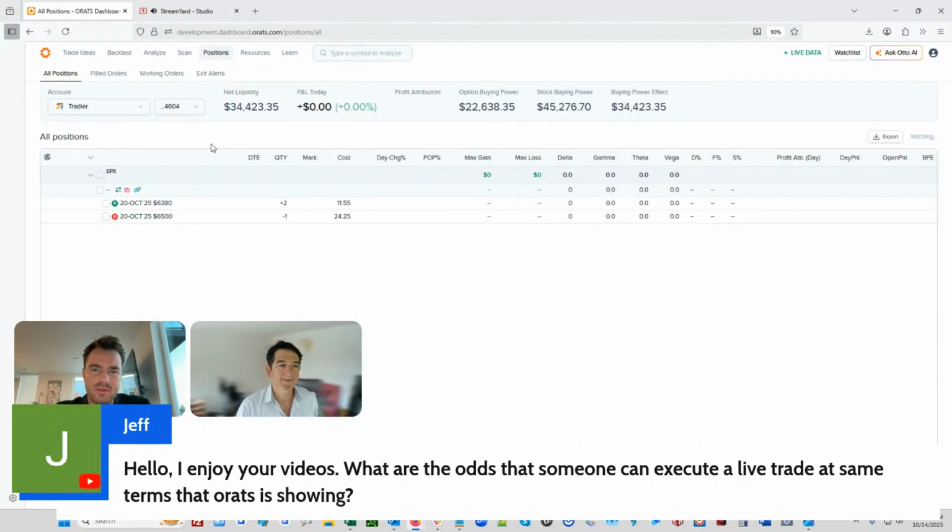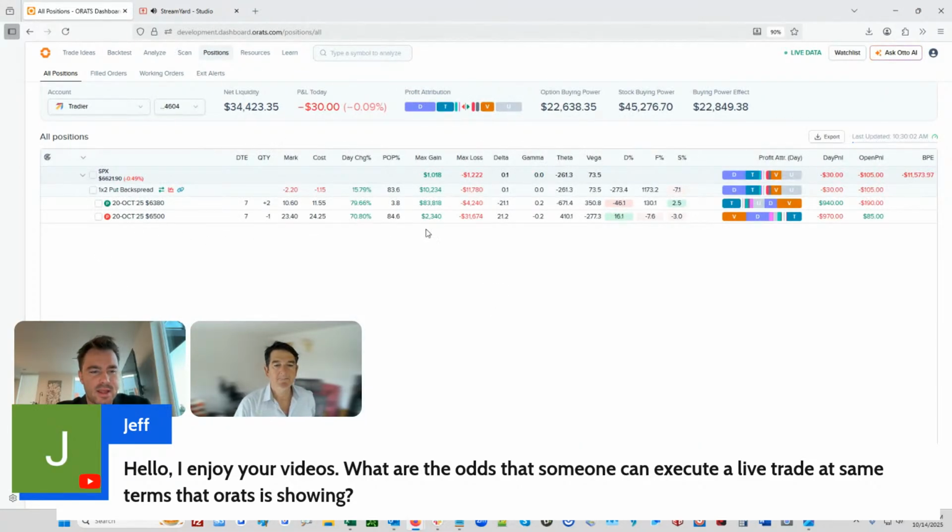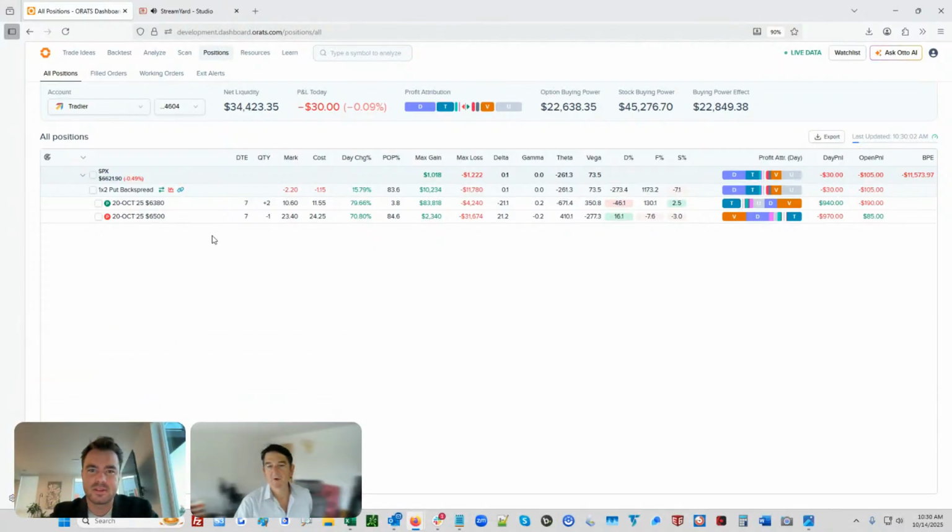As long as you have your live data agreement signed, you should be able to follow along and send things at pretty close to the same prices that we do. There is some slippage, but I'm trading a lot of accounts that are using that, and you get filled at decent prices. And you can connect your Tradier brokerage account.